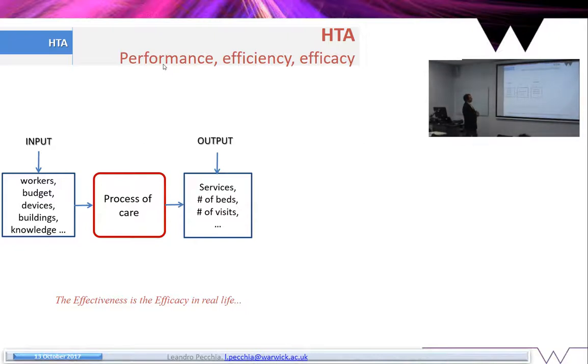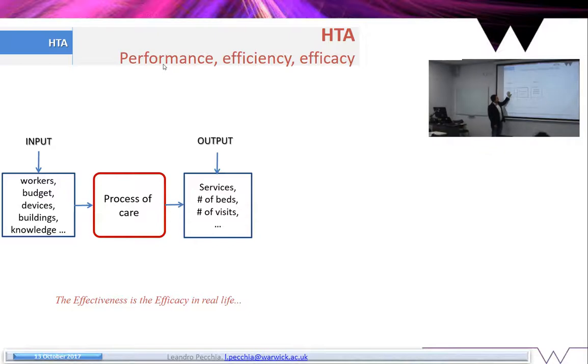Because we are biomedical engineers, we work in healthcare, that's what we model. Processes of care. So whatever we need to do, whatever kind of knowledge we need, together with devices, procedures, drugs, and personnel, we need to use those things in order to deliver. So we have as an input those plus other things that you see here: workers, budget, knowledge, devices, buildings, hospitals.